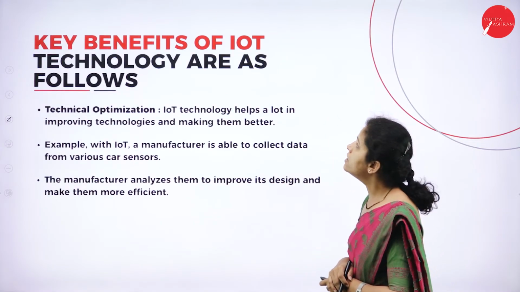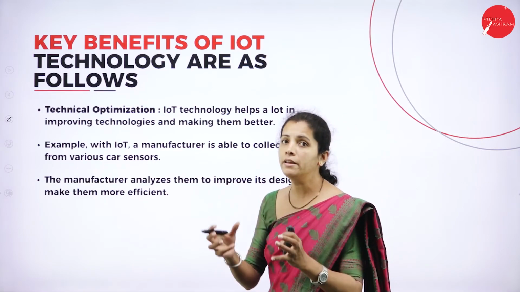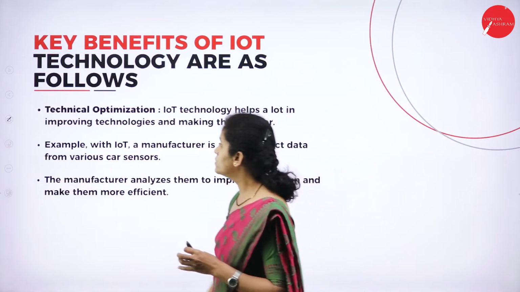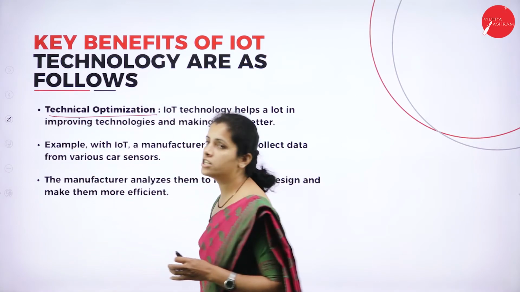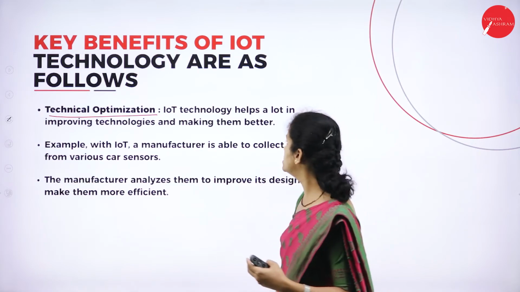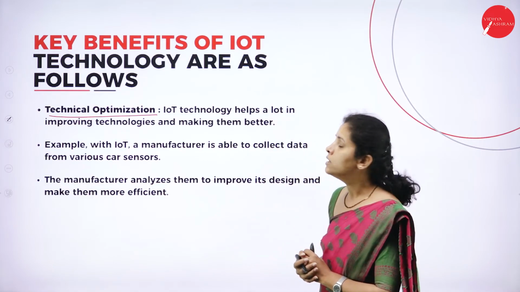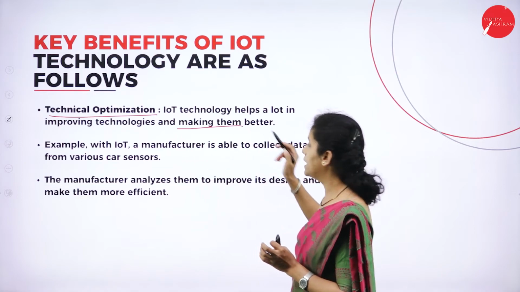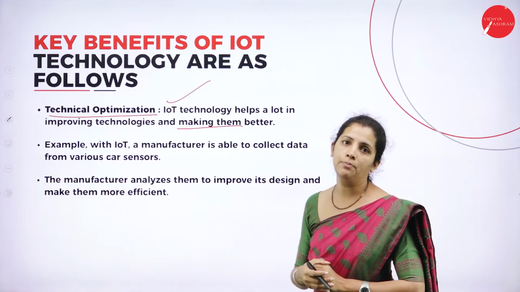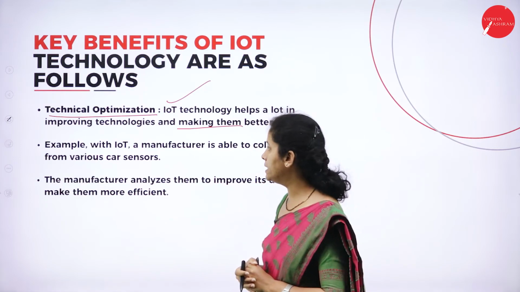Now the key benefits of IoT technology, that means what are the benefits when we use IoT. The first is technical optimization. Technical optimization means we are going to use technologies, and by using technology, we can improve technology as well as marketing. So IoT technology helps a lot in improving different kinds of technologies as well as marketing.